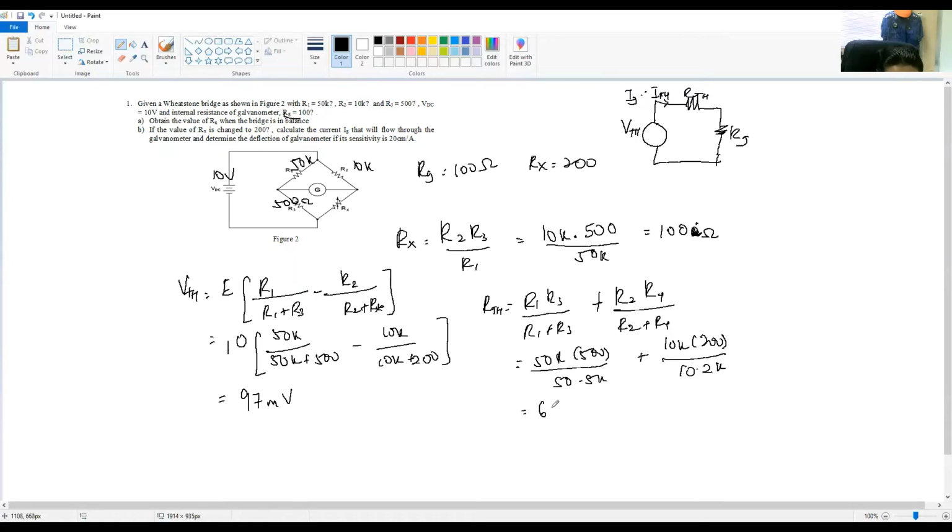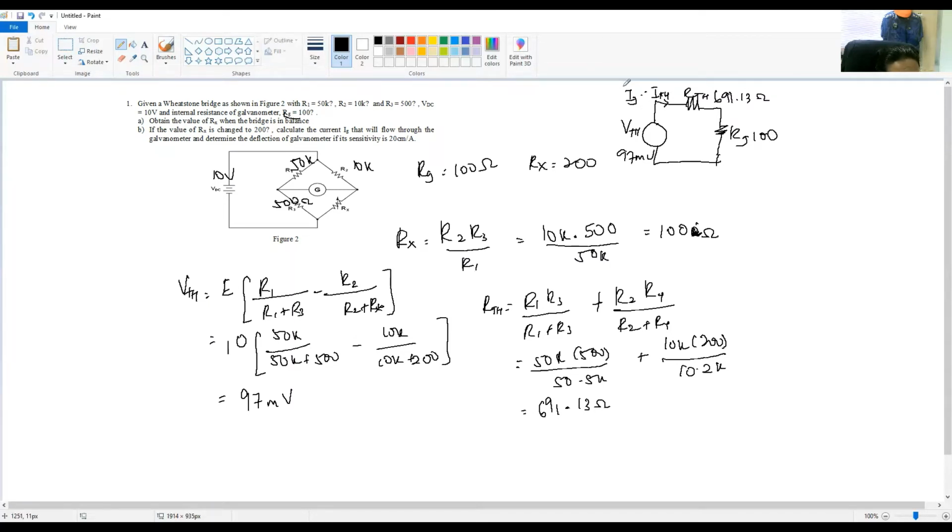You can use your calculator to get the RTH, 969.13 ohms. So VTH is 97 millivolts, RTH is 969.13 ohms and Rg equals 100.